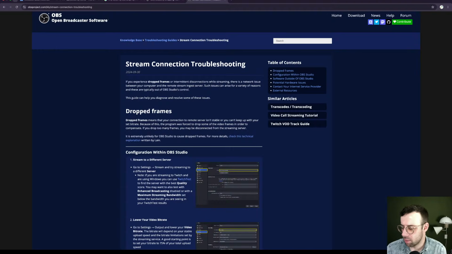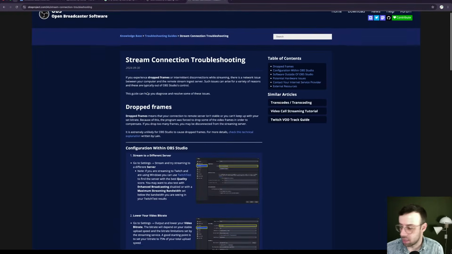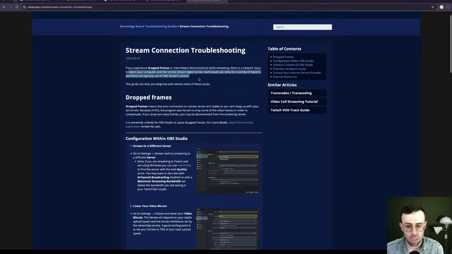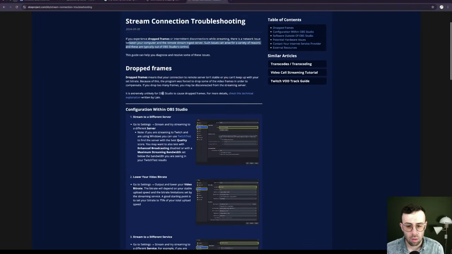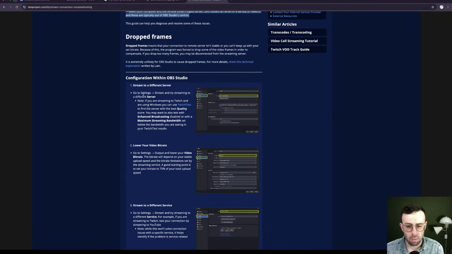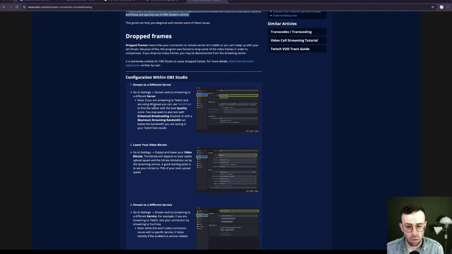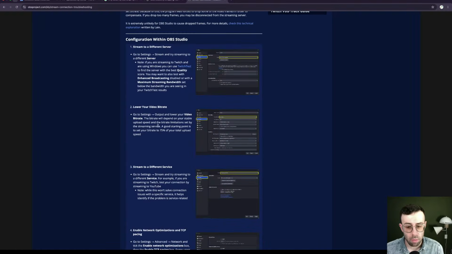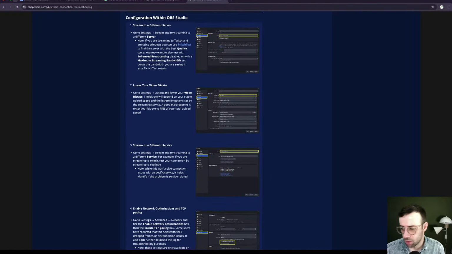Now it seems to be only dropping 7% of frames. Weird. Sorry, I'm looking this up now because this keeps happening. Network issue between your computer and remote stream ingest server. Such issues can be a variety of reasons. Different server. Lower the bit rate. That could help, but it seemed to be dropping the bit rate to like 0.